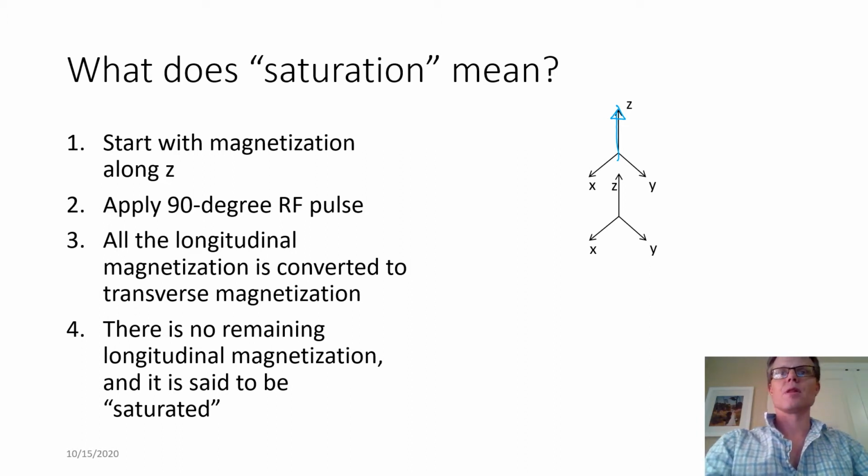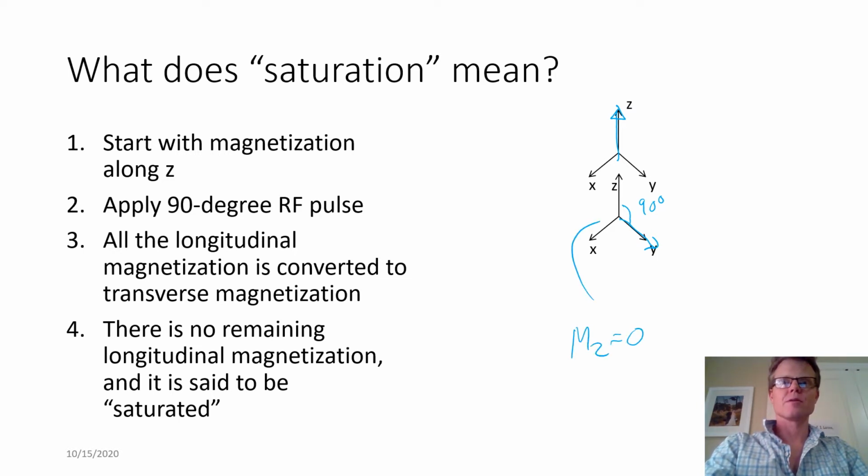We apply a 90-degree RF pulse, and we convert all this longitudinal magnetization to transverse magnetization. And at this point, Mz equals 0. So the longitudinal magnetization is said to be saturated when we've converted it all to transverse, and there's none left.